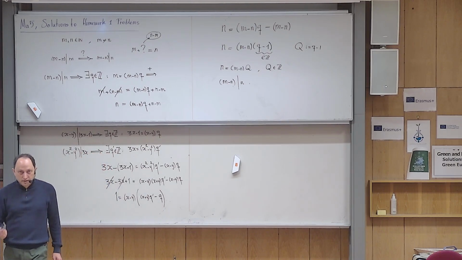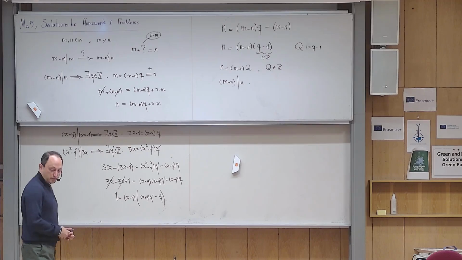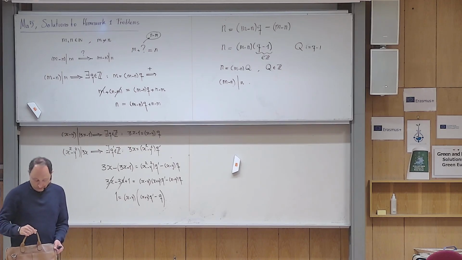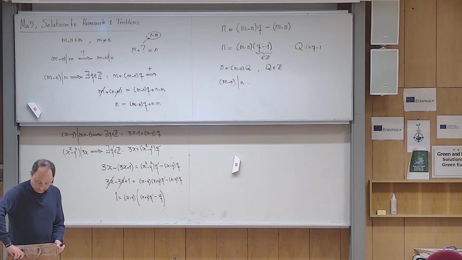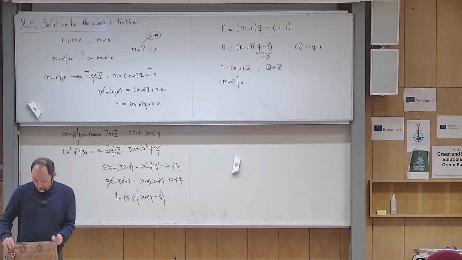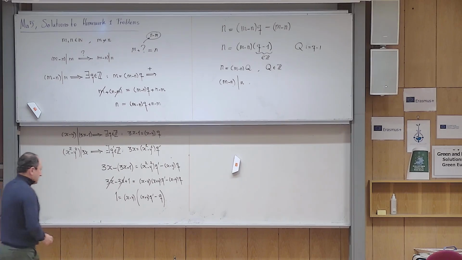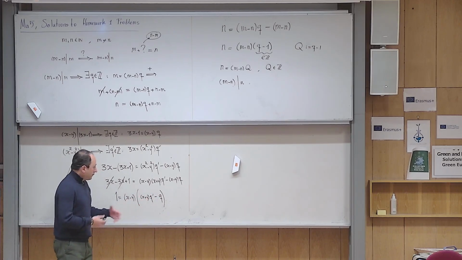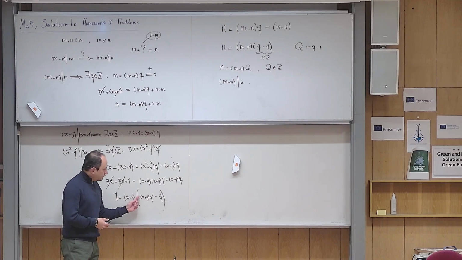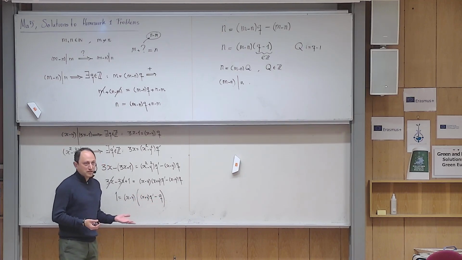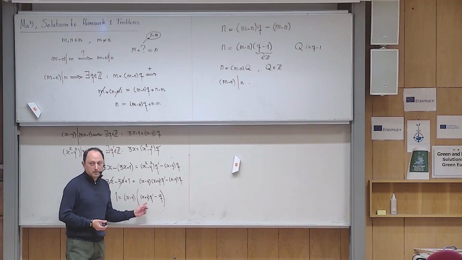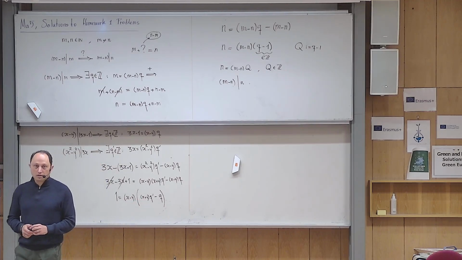So you should have this experience by now. What is left for you? If this is complicated, it doesn't matter for you. What matters is that this is what? An integer.